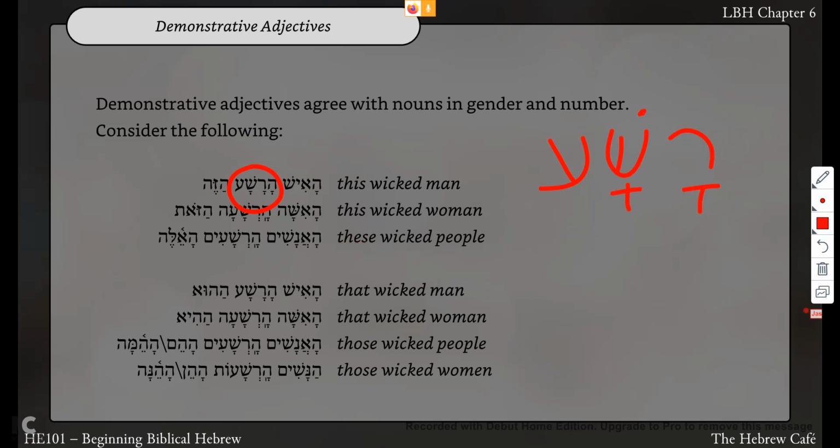So this wicked man in Hebrew is ha'ish harasha hazeh. The man, the wicked, the this. Ha'ish harasha hazeh. Okay? Feminine, instead of ze, is zot. Zot is feminine. So obviously we would say hazot. The this, feminine. So isha is woman, and hazot is this one, ha-isha, hazot.